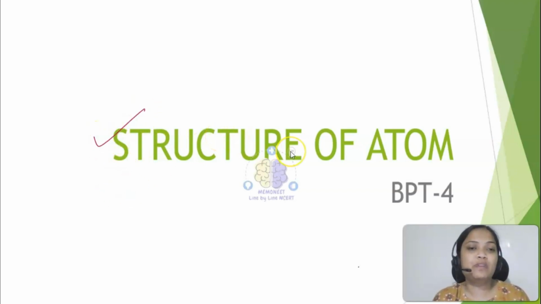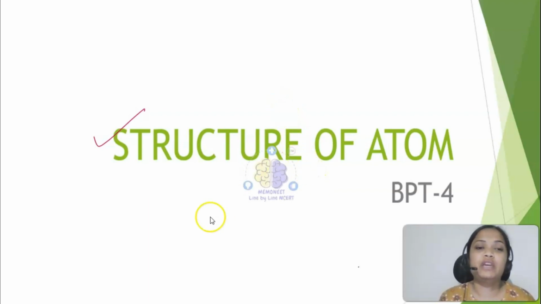So in the previous two lectures, firstly we talked about the introduction part, how the subatomic particles got discovered. We studied Thomson's model, Rutherford's model, and in the last lecture I told you what were the developments that led to Bohr's atomic model. Then we discussed Bohr's model for the hydrogen atom and its limitations as well.